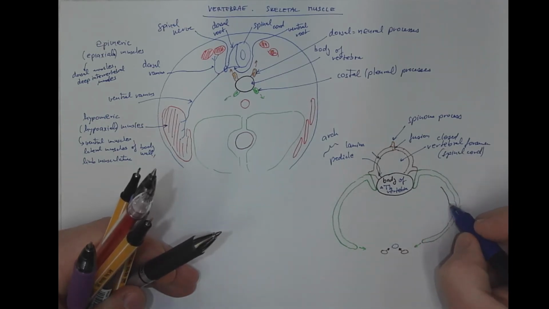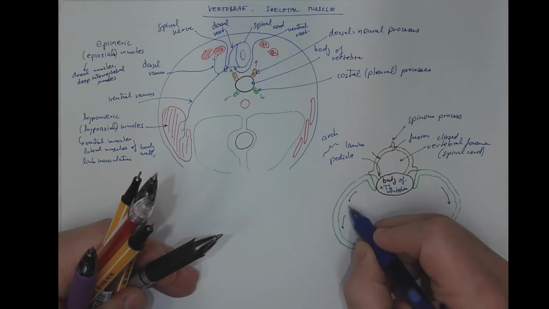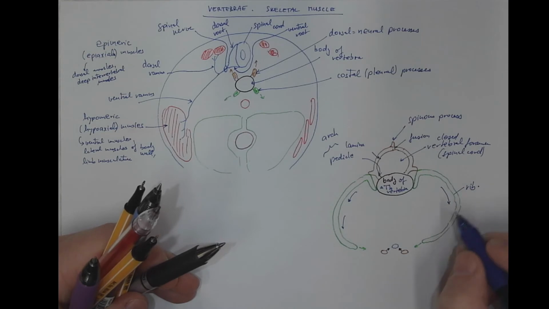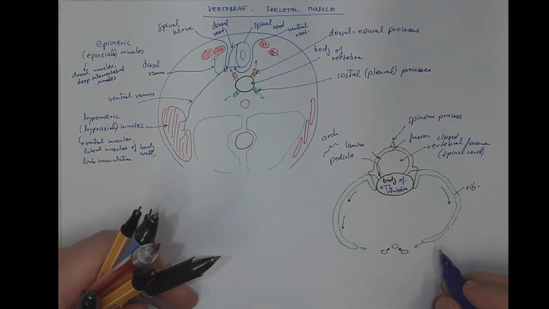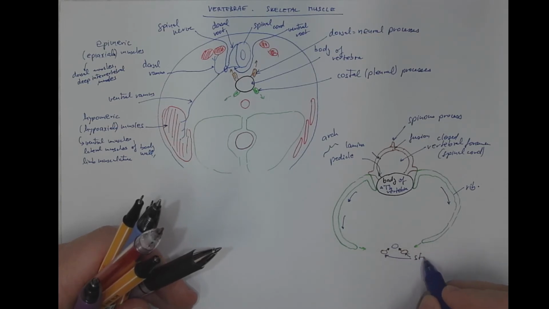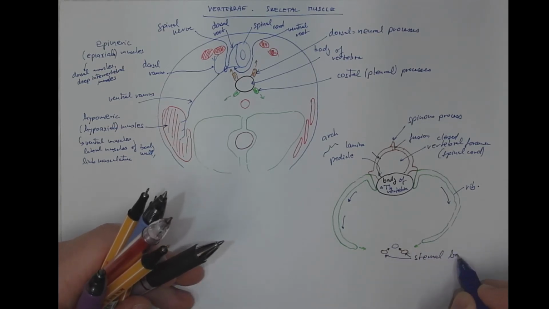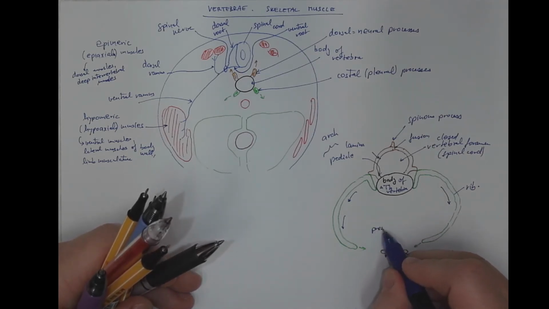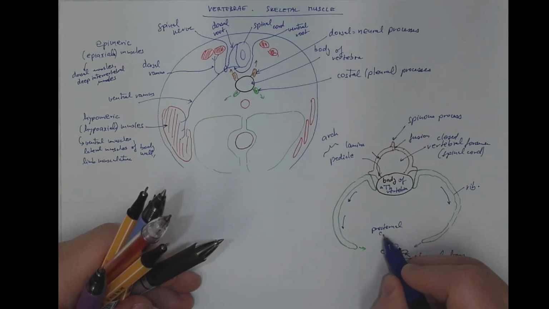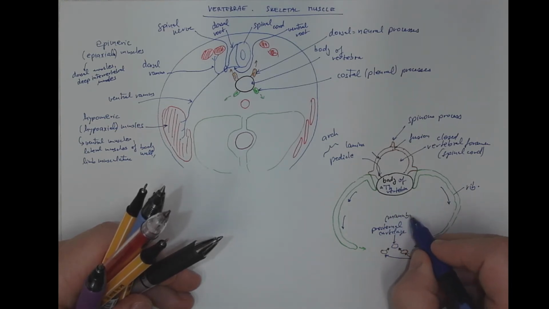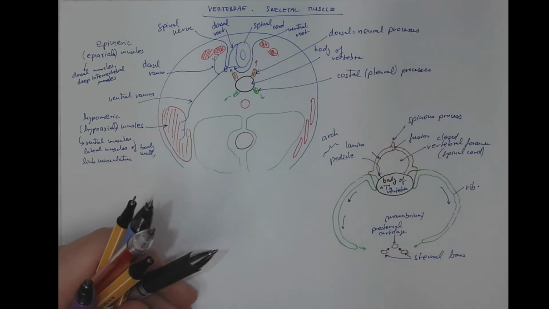These are the costal processes. There's the direction how the ribs are growing. And here are sternal bars. It will fuse with a pre-sternal cartilage. The pre-sternal cartilage will become the manubrium of the sternum.